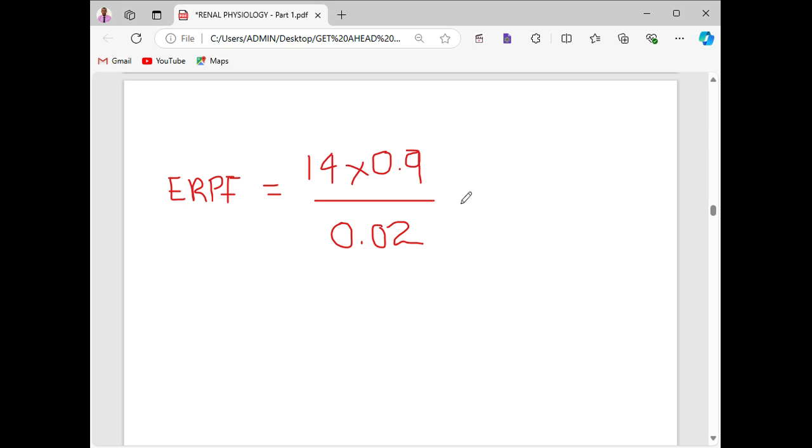When you get your calculator and punch it in, you definitely get 630. The units for this are milliliter per minute.